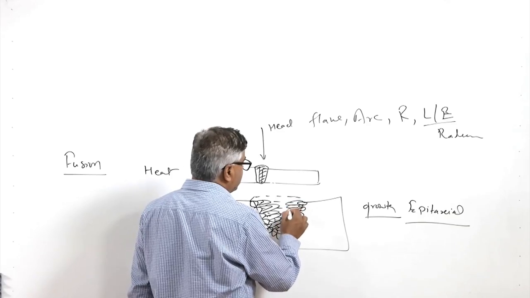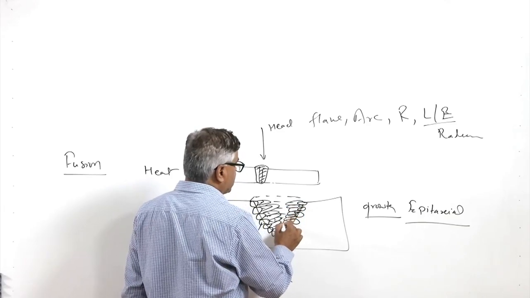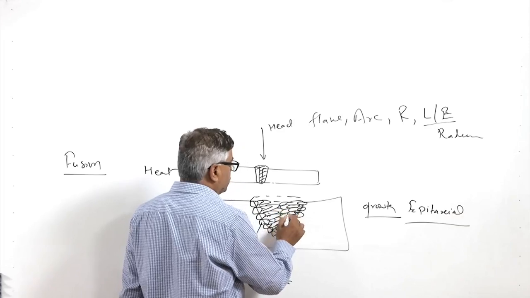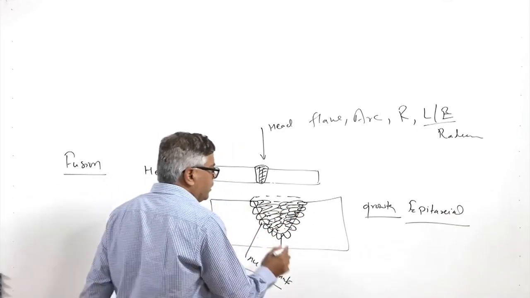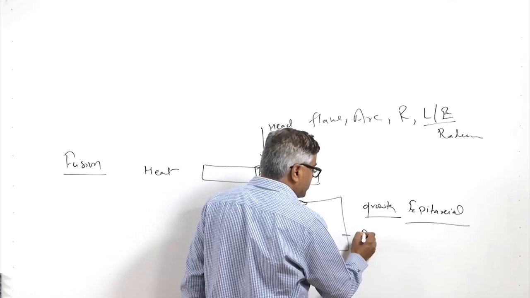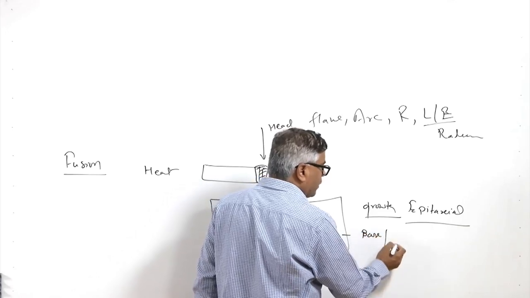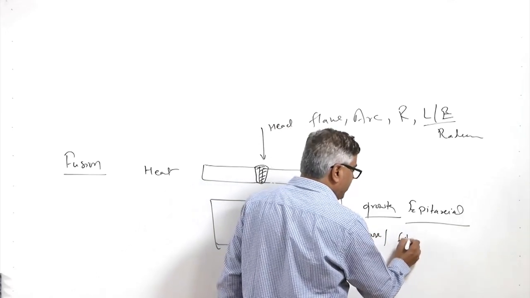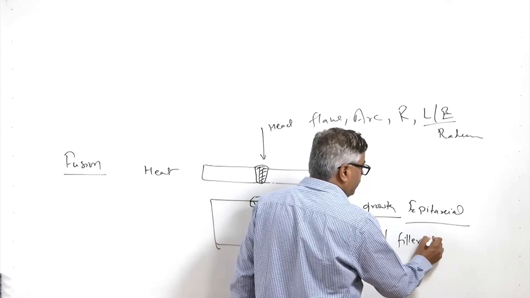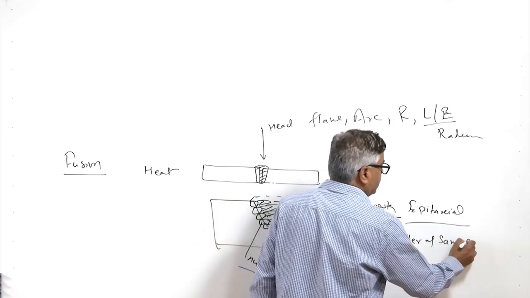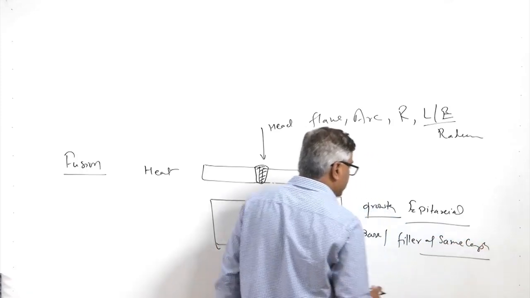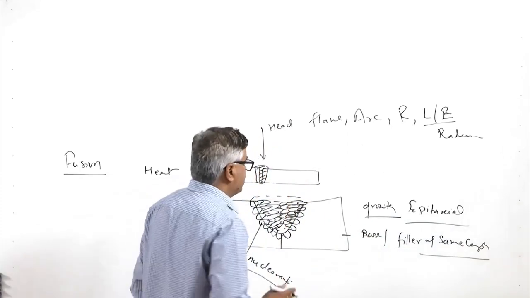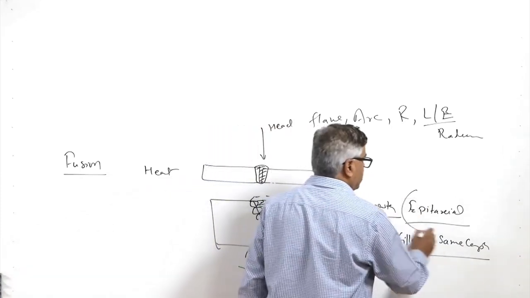So, it does not involve the typical steps of nucleation and growth. In all those cases where just the base metal is melted, or even if a filler of the same composition is added, epitaxial solidification is observed.